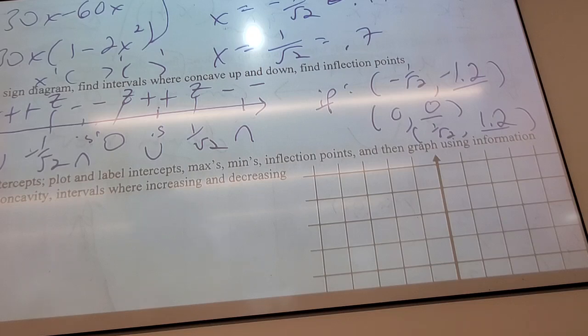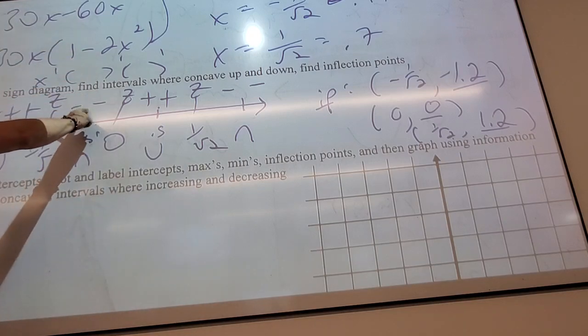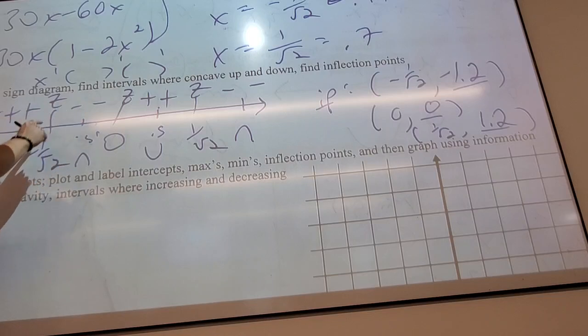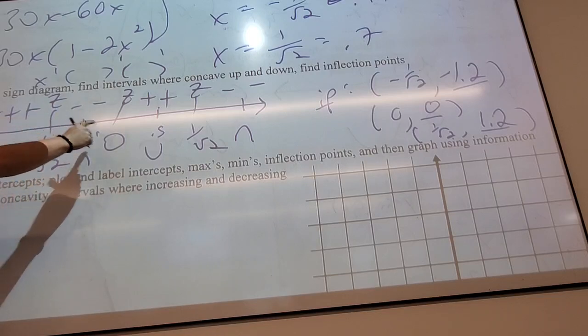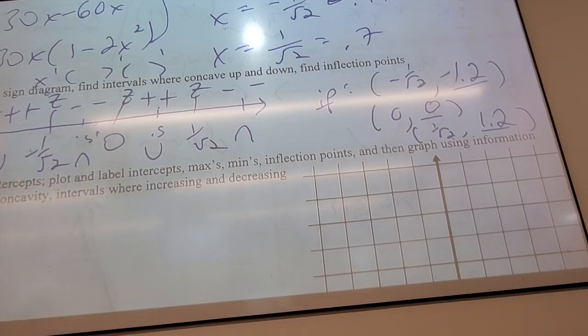If this was plus, this would not be an inflection point, and that would not be an inflection point because the concavity would not have changed. Just like why 0 wasn't a max or a min earlier because the sign didn't change. Inflection points are where concavity changes. Does that make sense? There's a lot of analogy between the first derivative stuff we do and the second derivative stuff we do.